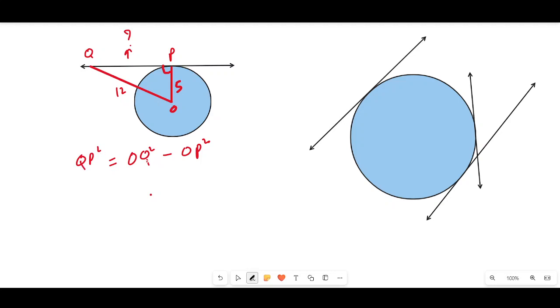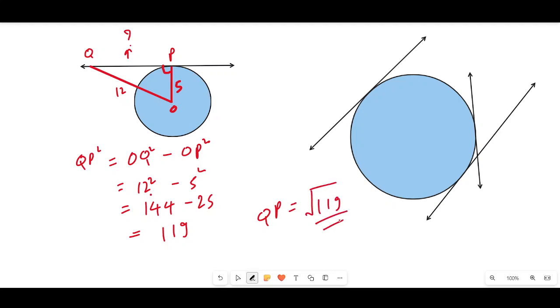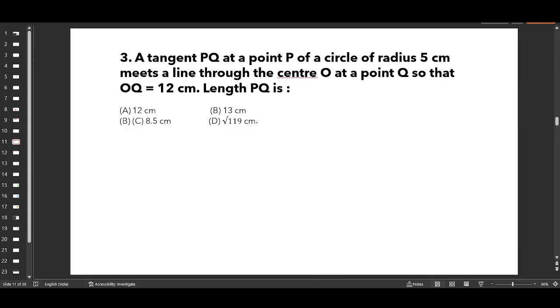QP square equals OQ square minus OP square. Clear? OQ is given as 12, so 12 square minus 5 square. 12 square is 144 and 5 square is 25. So QP will be square root of 119. So the option will be root 119.